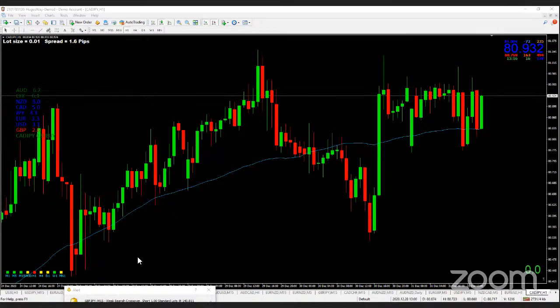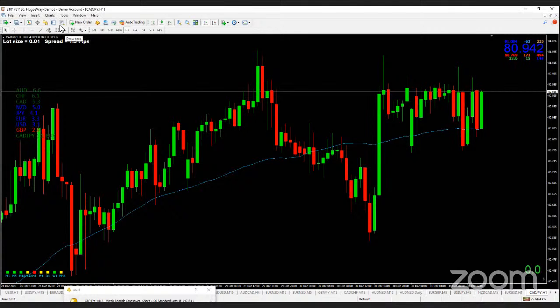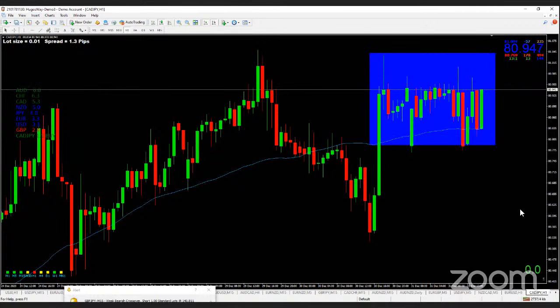But even then, I would always say to do further analysis, because we have this range here. This is not a pair I'll be looking to trade at all at this point. Because we currently have this range here, I would not be looking to trade this pair at all until it breaks out of this box I've just drawn, either to the downside or to the upside.